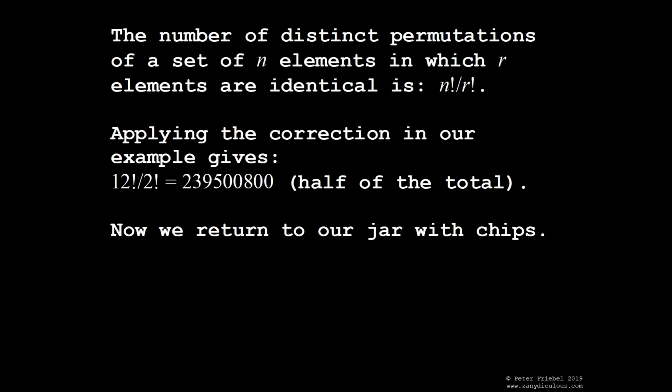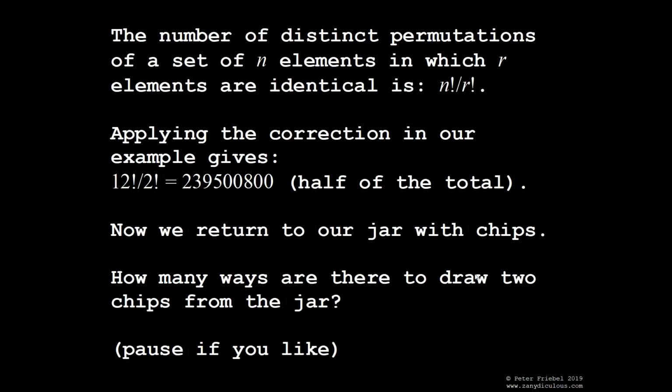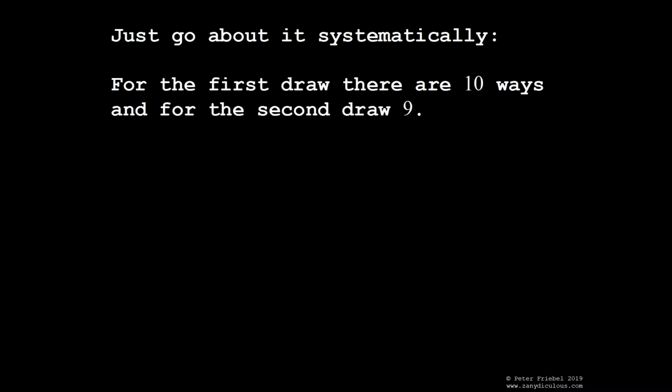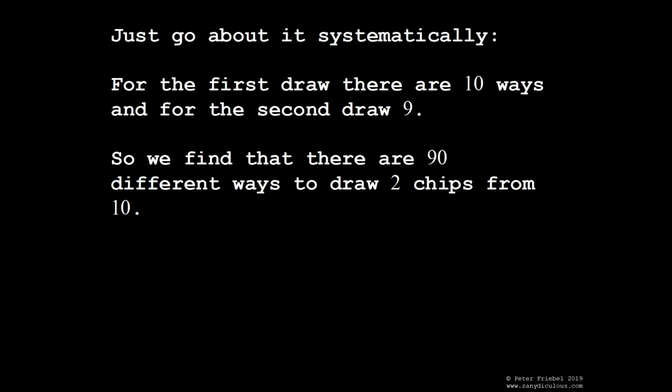Now we return to our jar with chips. How many ways are there to draw 2 chips from the jar? Think about it. Just go about it systematically. For the first draw there are 10 ways, and for the second draw 9. So we find that there are 90 different ways to draw 2 chips from 10.